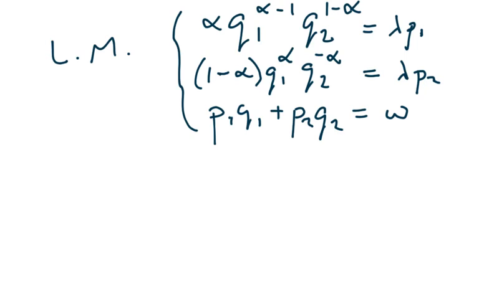So I really want you to remember what you're looking for here, right? The things that you want out of this analysis are Q1 and Q2 coordinates. Right, this is what you really want, because you need to be able to tell this consumer exactly what quantity of each good needs to be purchased in order to maximize their utility. So the thing that you're really aiming for here are Q1 and Q2.